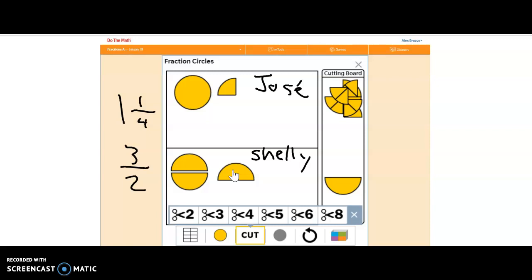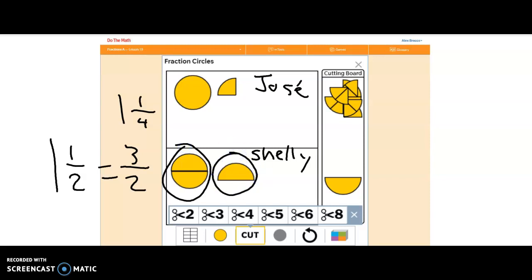How do you know? Because Jose's is 1 1/4 and Shelly's is 3/2, which is the same as 1 1/2. Do you see that picture? It's the same. 3/2 equals 1 1/2. 1 whole and then a half of another.